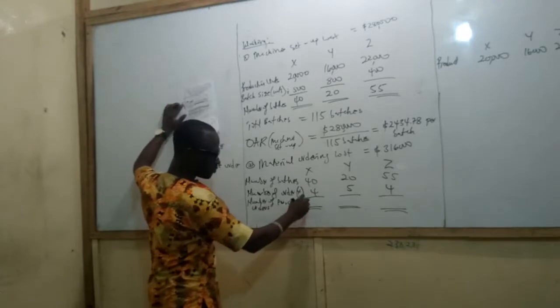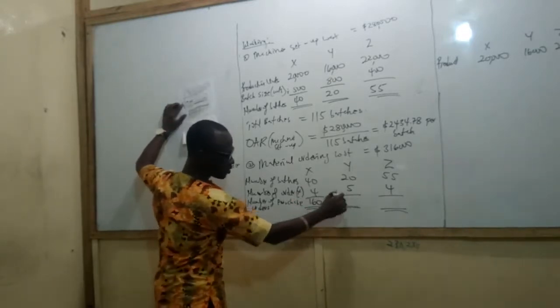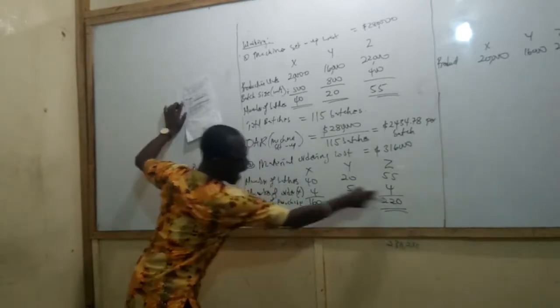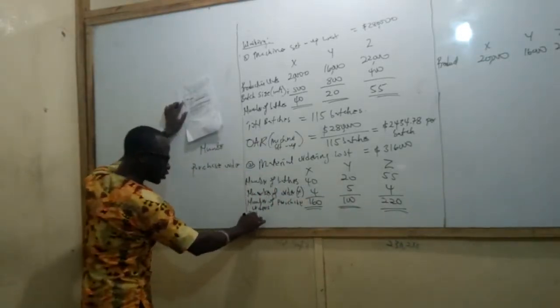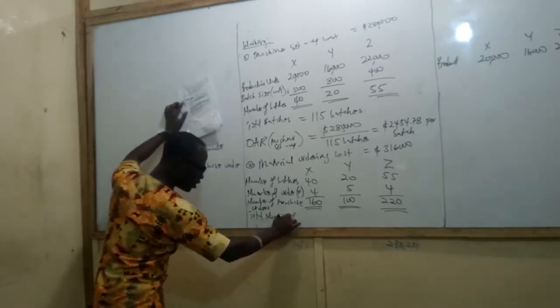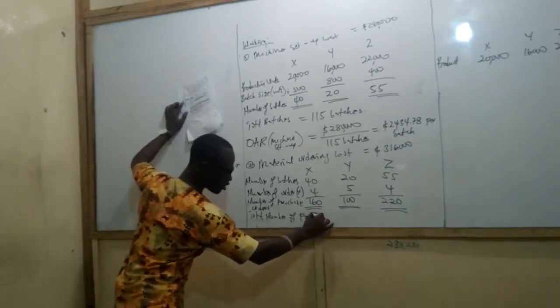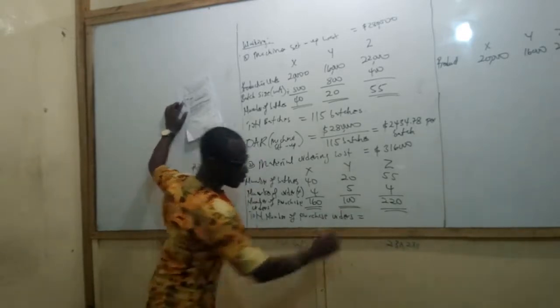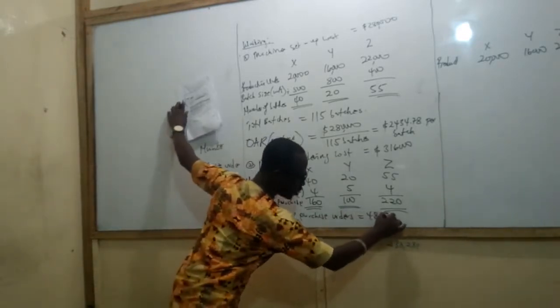This will be 160, 100, 220. Add all, and that gives us the total number of purchase orders as 480 orders.